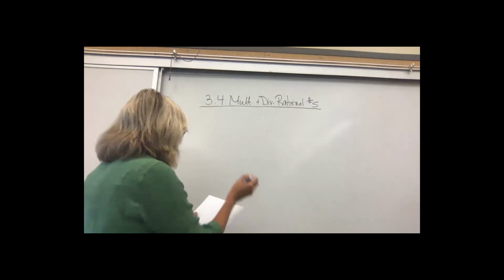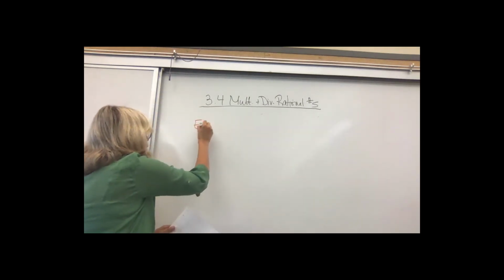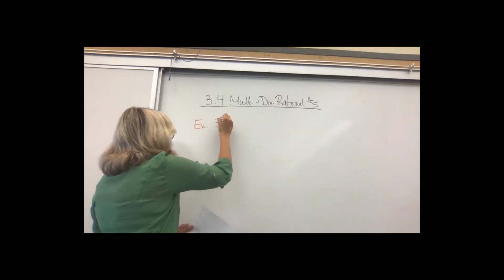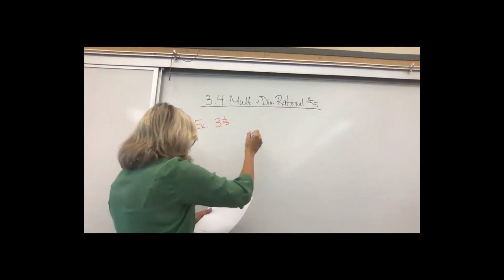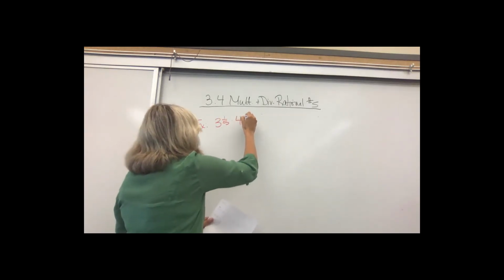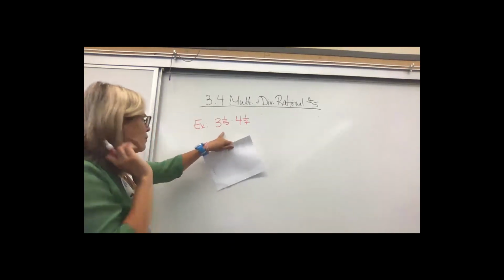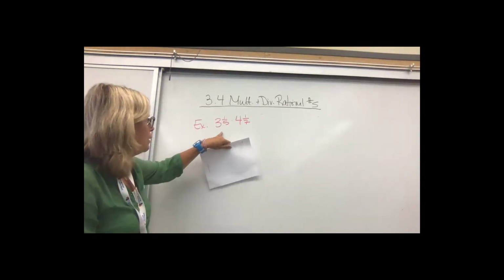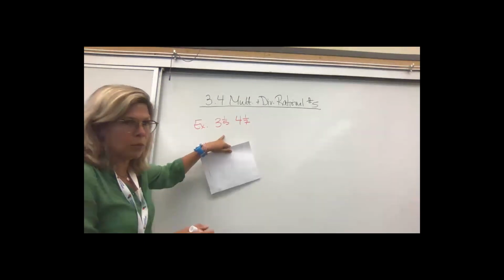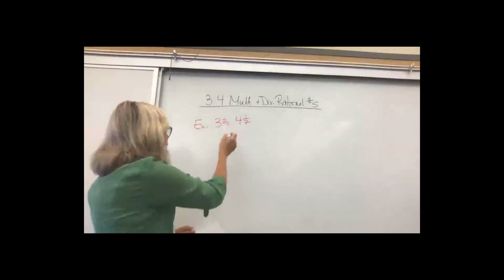Okay, another example. 3 1/5 times 4 1/7. So here it's really where it gets good to have the improper fractions, because you can then work with them. In this case, it's very, very difficult.